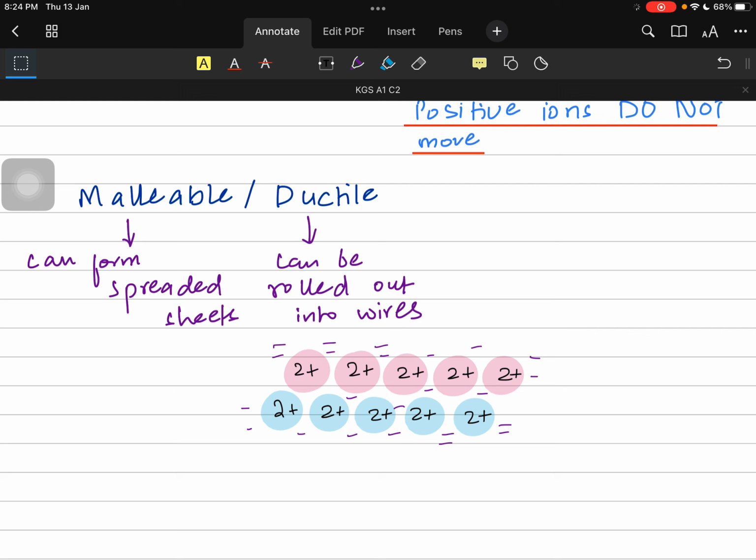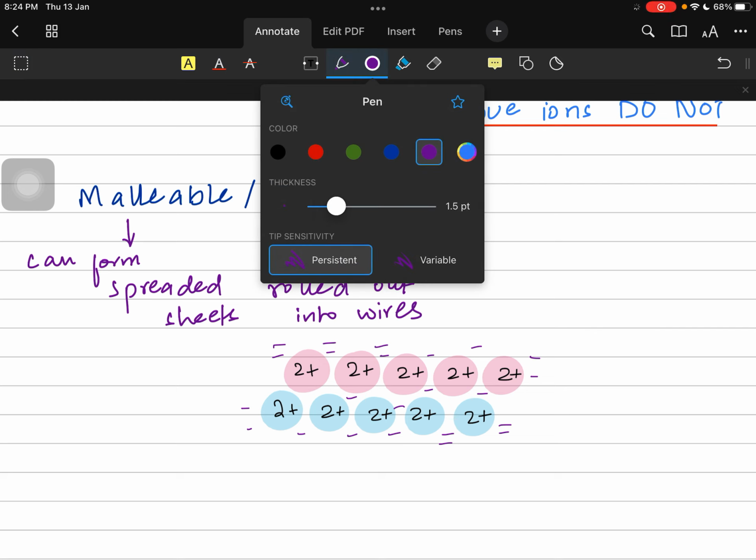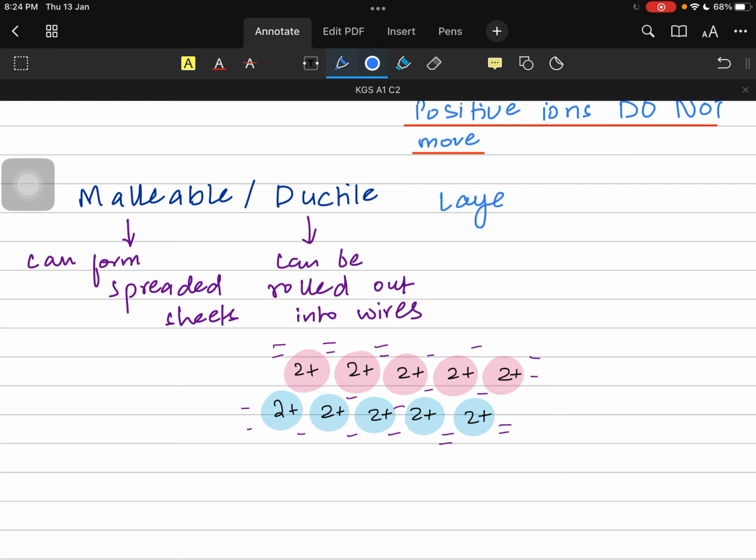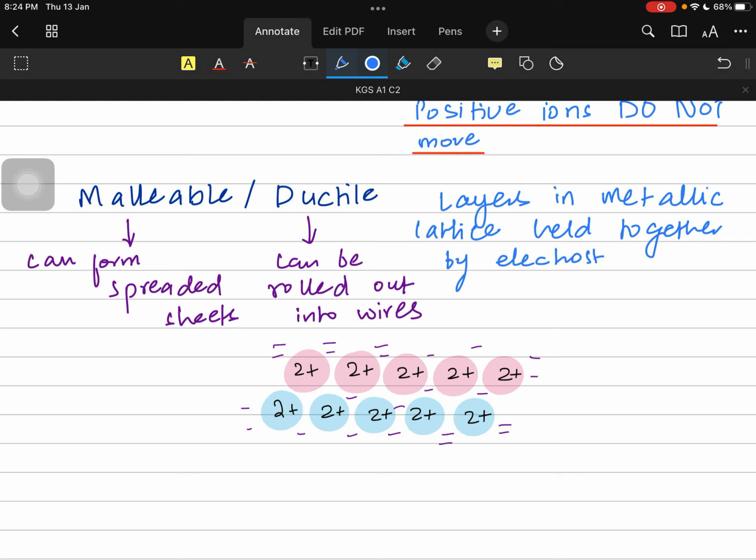So they have layers in the metallic lattice which are not very loose, they are very strongly held. They have layers in the metallic lattice held together by the electrostatic forces that can slide over each other.